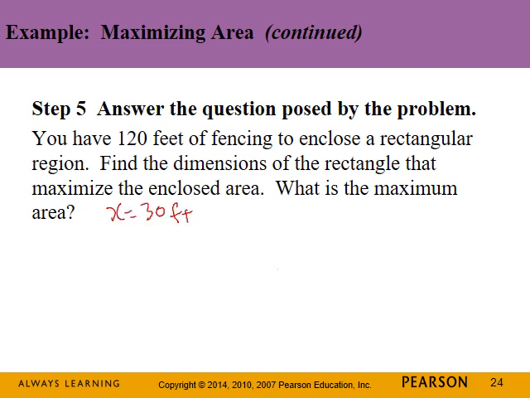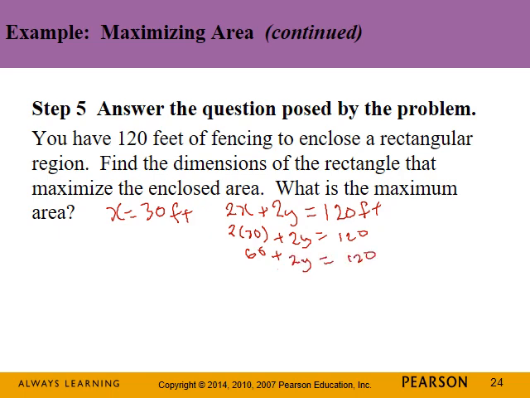So if x equals 30 feet, that means that 2x plus 2y equals 120 feet. We just substitute in 30 for the x. And this is 60 plus 2y equals 120. You subtract 60 from both sides. 2y equals 60, divide by 2, and you get y equals 30.